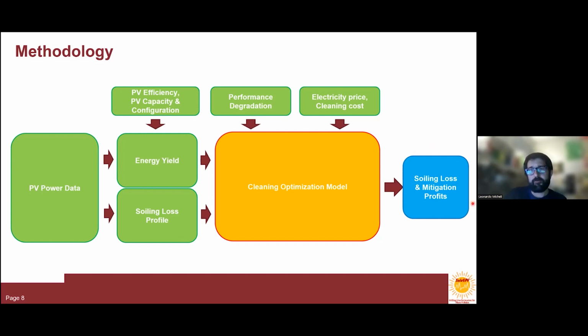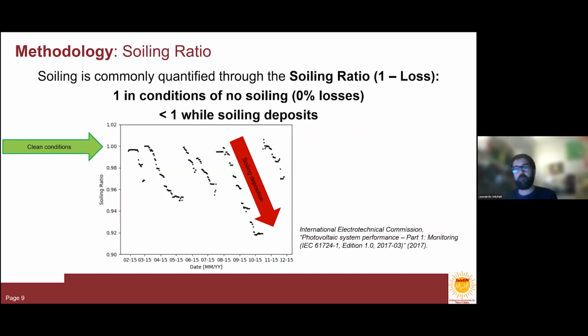So Greg has already mentioned that, but let me call it back again. I might refer in this talk to the soiling ratio, which is a metric that is defined in the IEC standard for photovoltaics. The soiling ratio essentially represents 1 minus the soiling loss. So we have a soiling ratio of 1 when there is no soiling on the modules, like in all these days you see.